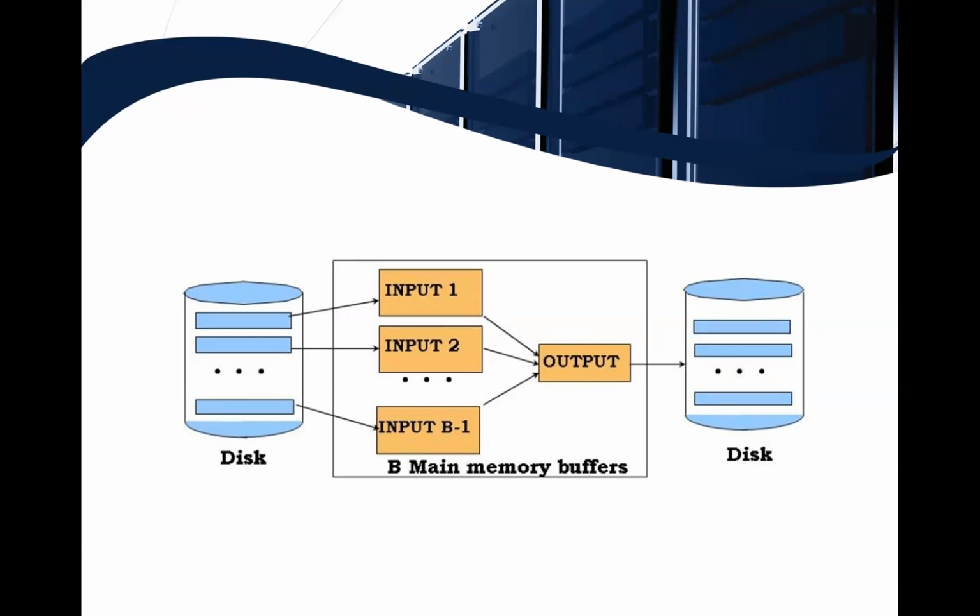Here is the first buffering method, the single buffering method. Assume this is the database, and this is an input and this is an output. In the input, we have given a big query.